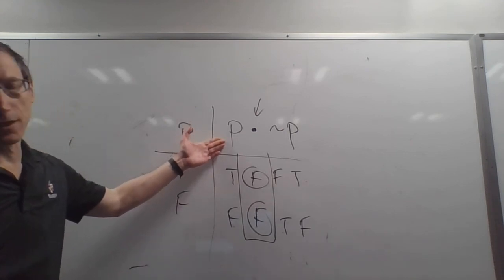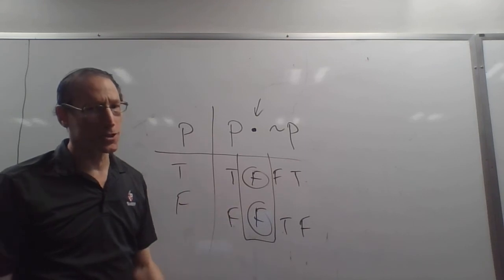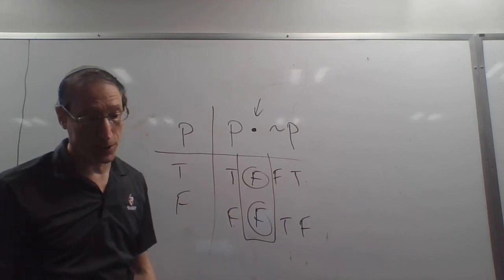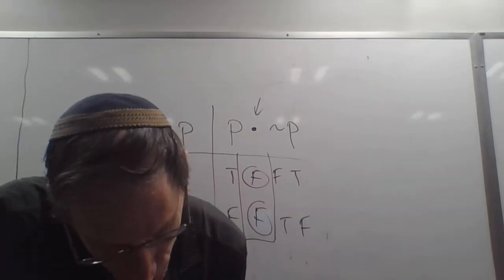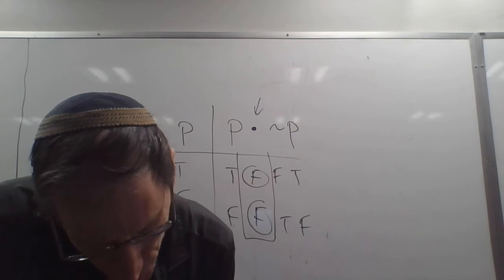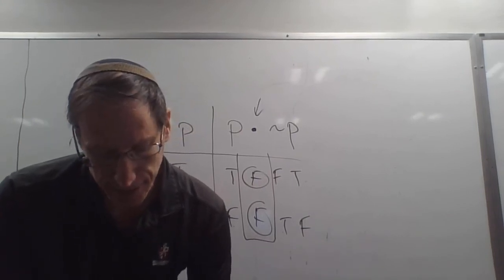It's a formula that only has one component. There are contradictions within formulas that have more than one component. Your book gives you several examples of those. I'm looking down in the book, sorry. Let's see here.